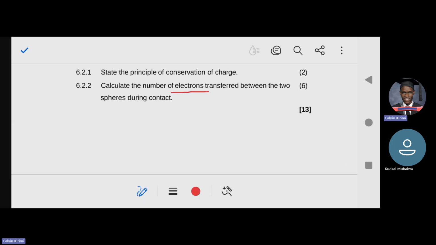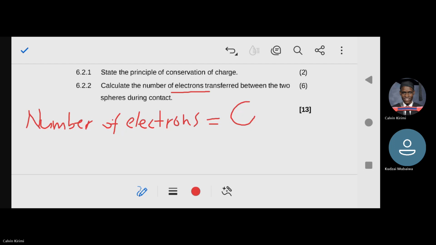The number of electrons transferred during the process is equal to the charge Q over the charge of an electron, which means it's Q over e, the charge of an electron.